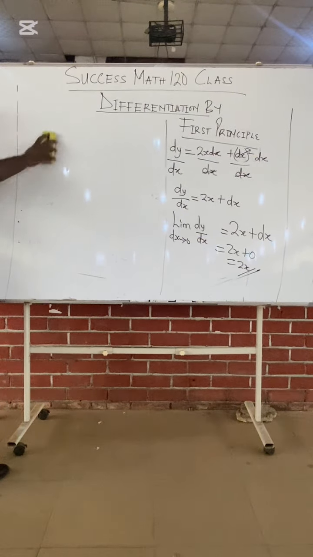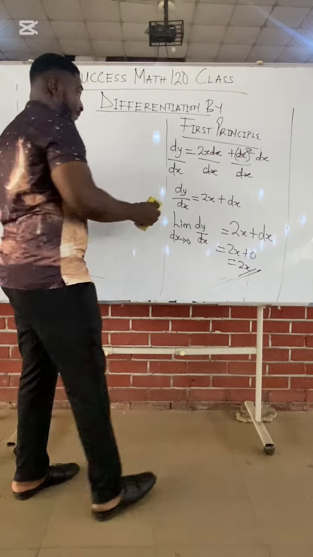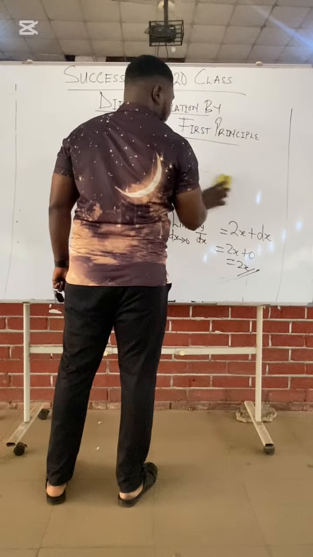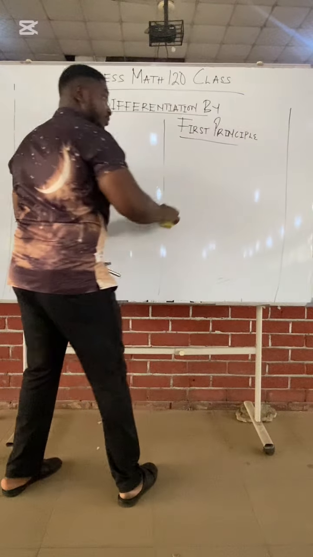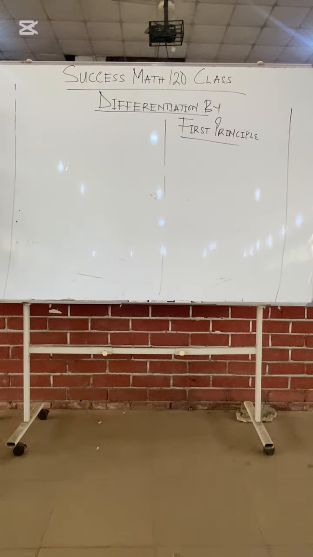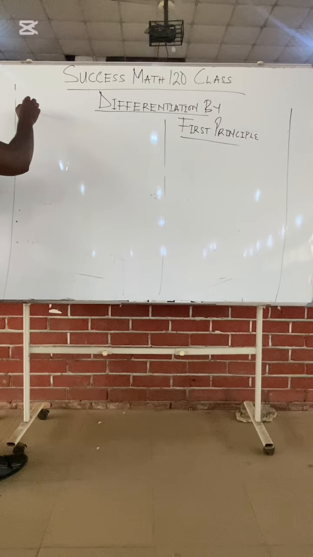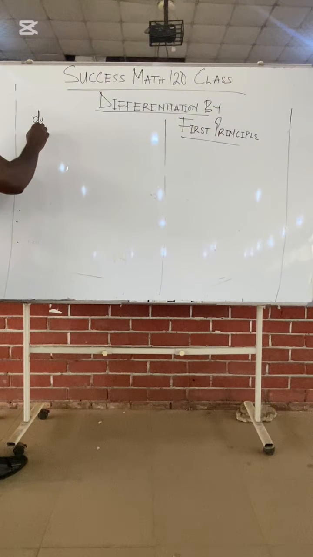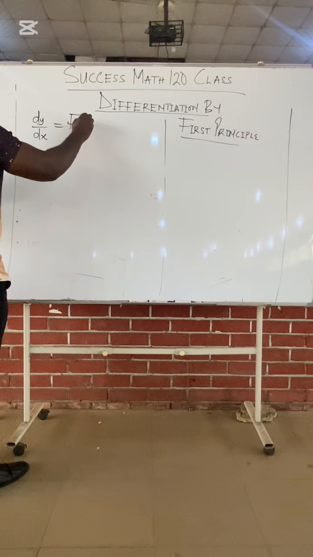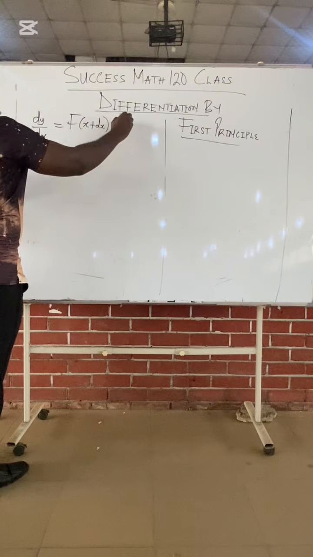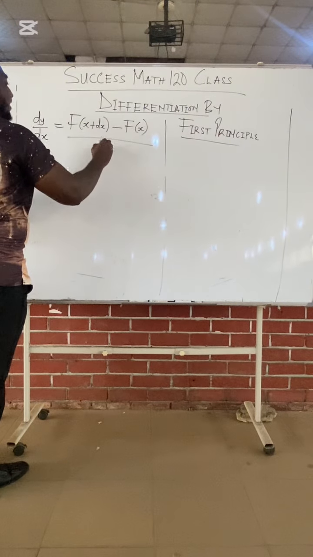Class, I'll still use the same question so you can see that we'll arrive at the same answer. Are we together? Class, follow me. By first principle, dy/dx, the formula is f of x plus dx minus f of x all over dx.